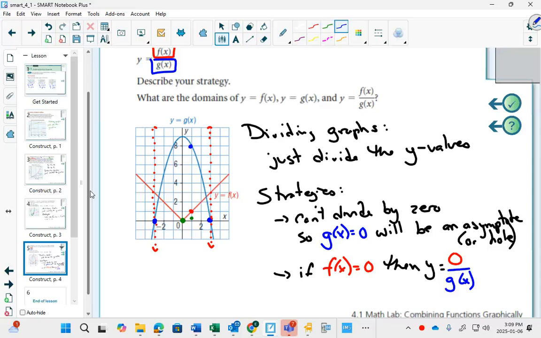Another one that's really nice to do is if the bottom is 1. So right here and right here. So what happens when you divide by 1? Bet you're just as good at this after the break as you were with multiplying by 1.